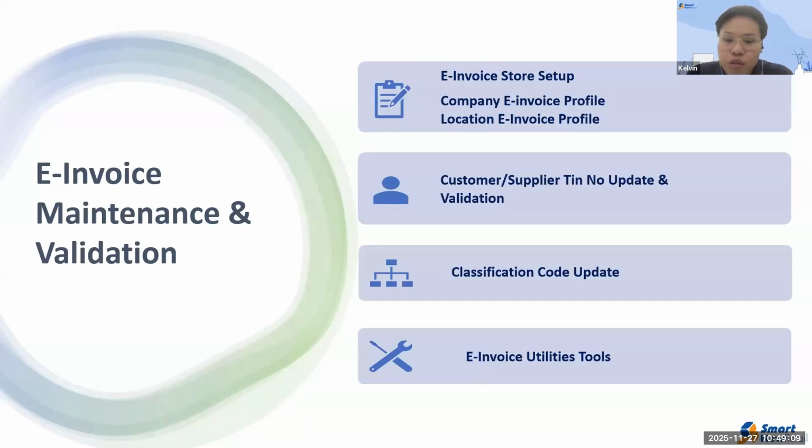After you finish the first three steps, we can proceed with the second step, which is your customer or supplier e-invoice detail setup. The third and fourth steps, classification code update and e-invoice utility tools, we will cover as well.